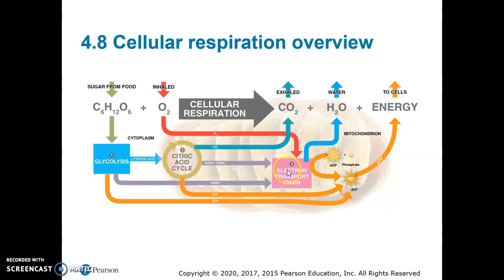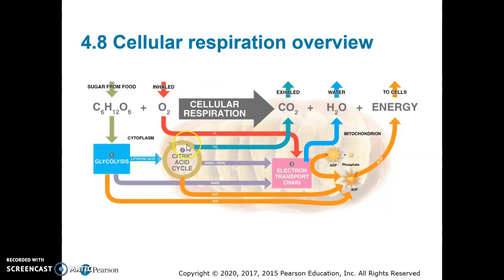And the only way to get it produced is to move those hydrogens and their electrons. Once we've moved those hydrogens and their electrons to make the ATP, we don't need the hydrogen anymore, and so that hydrogen then forms with the oxygen that you and I inhale, and it becomes water.